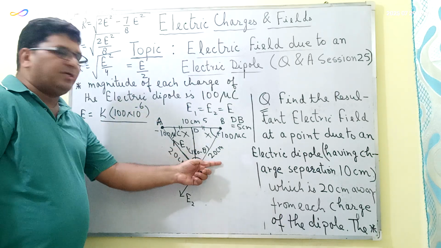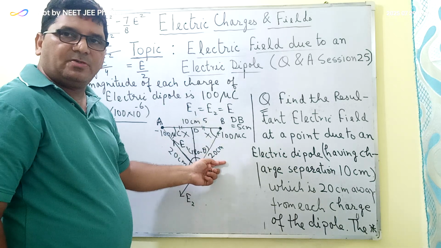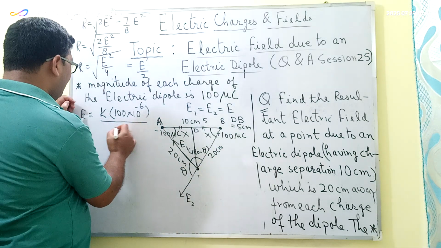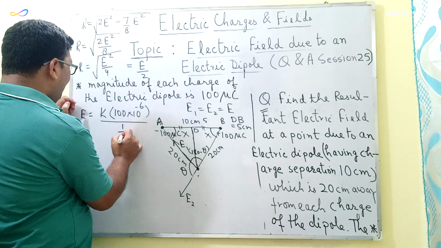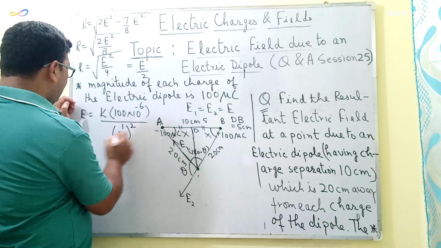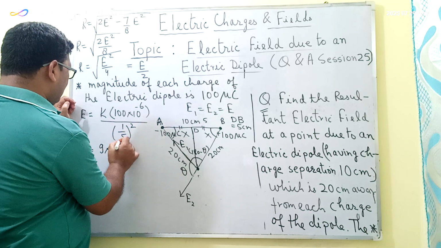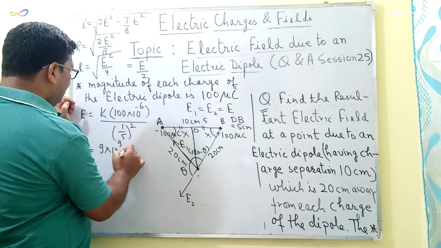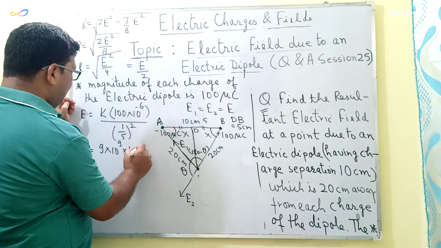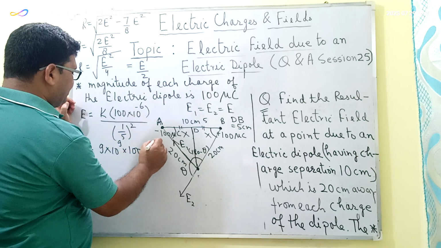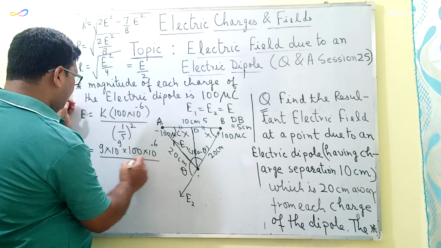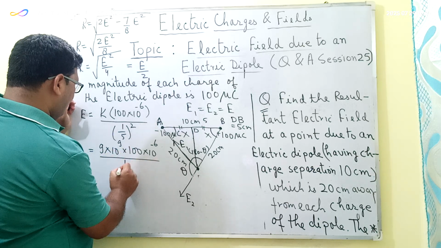R is what? That is 20 centimeters, so in meters it will be equal to 1 by 5. So 1 by 5 whole square. Now K की value होती है, K is equal to 9 into 10 to the power 9, into 100 into 10 to the power minus 6 divided by 1 upon 25.